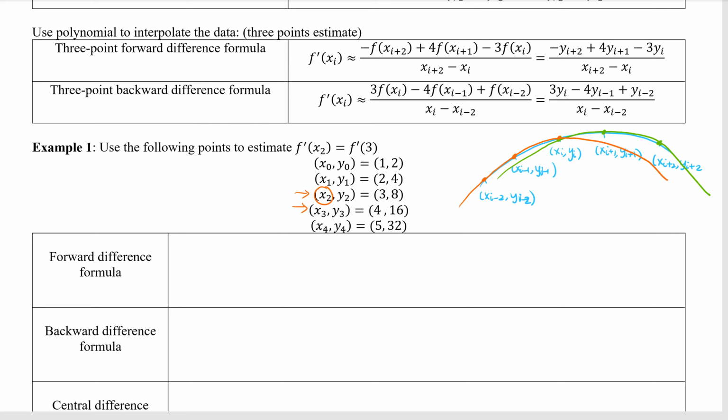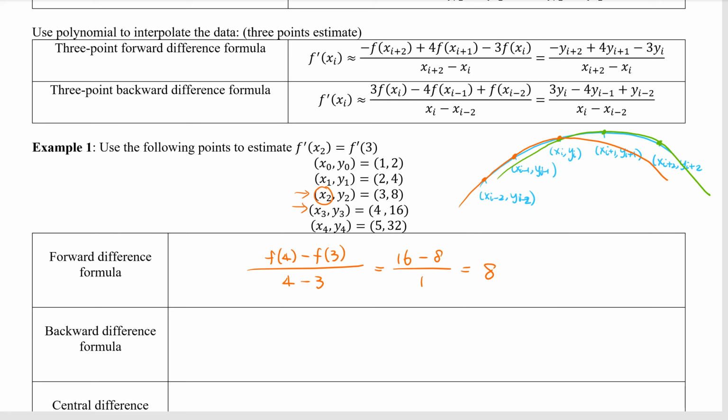We want to calculate the slope of the secant line passing through those 2 points, which is the change of the y coordinates over the change of the x coordinates. So here we get f of 4 minus f of 3 over 4 minus 3. f of 4 equals 16. f of 3 equals 8. 4 minus 3 is 1. So the answer here is 8.